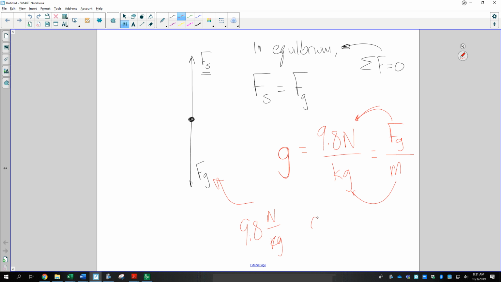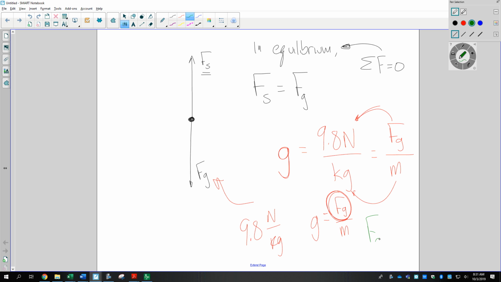So g, we can write as force over mass. And that means if we want to know what something weighs, what force Earth's gravitational field exerts on it, we just rearrange this equation and we get that something's weight is m times g. This is a subscript. This is the 9.8 newtons per kilogram.